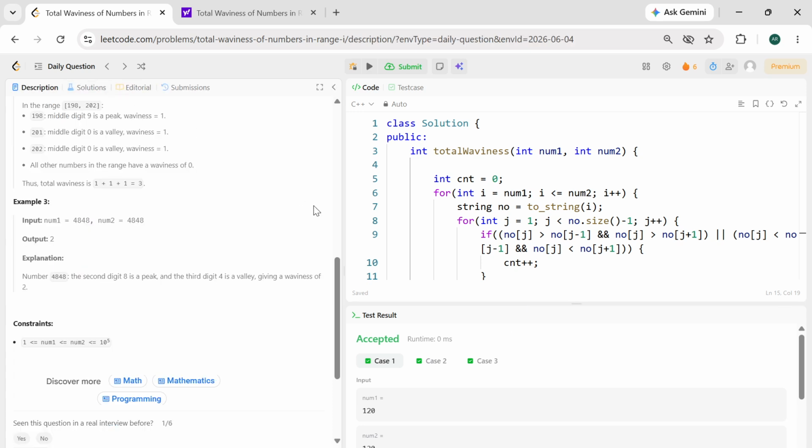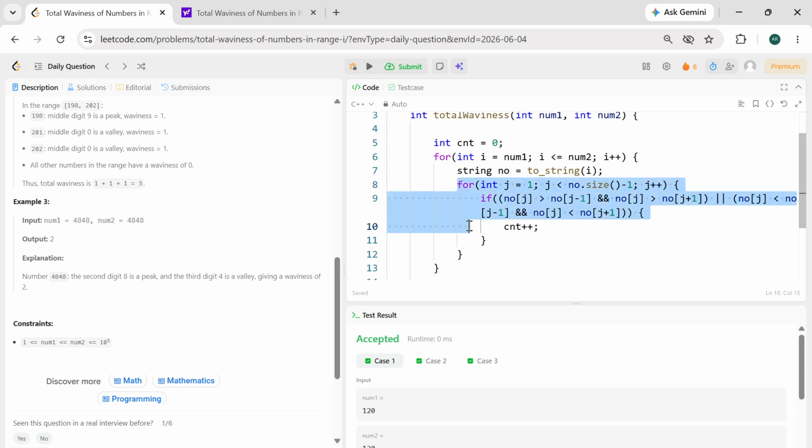The time complexity of this problem is O(n), because the number of digits is at most 5, so this inner loop will run at max 5 times. I can ignore this and consider it a constant.